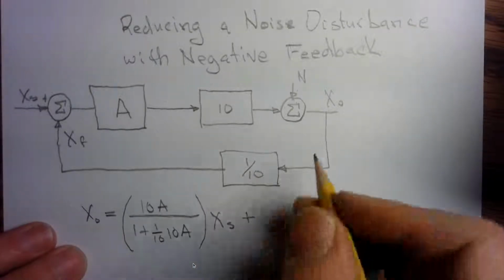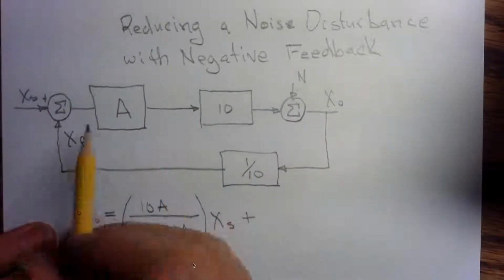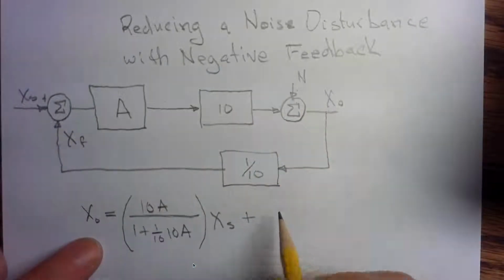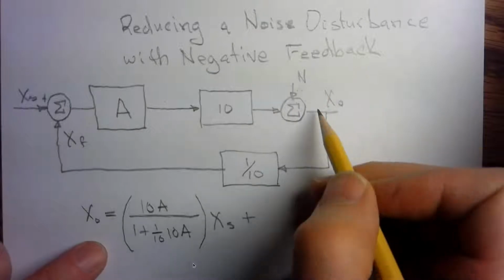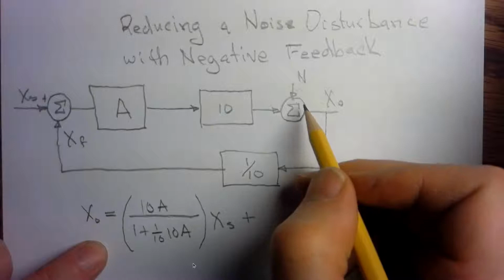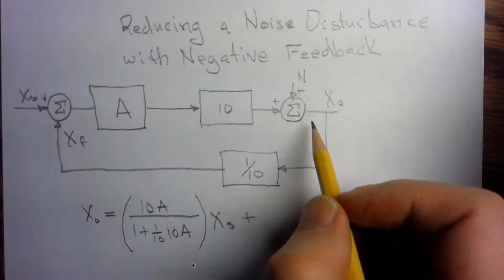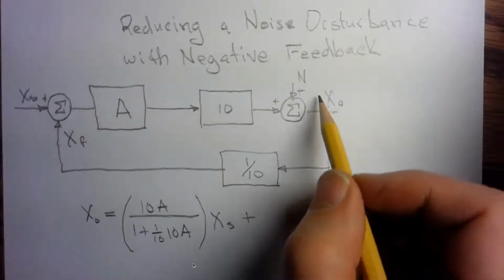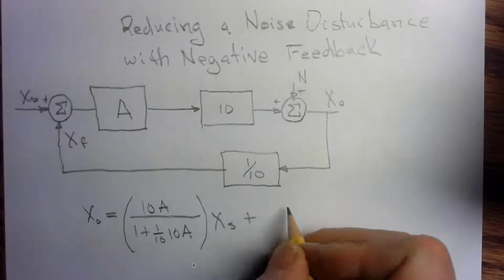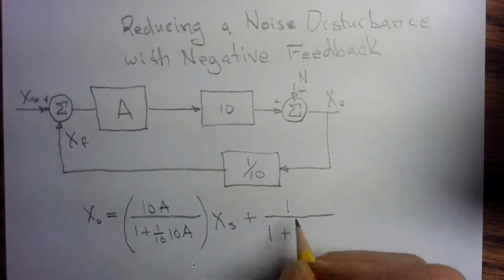Now I'm going to find the output due to the N. When I was doing this, I basically turned N off and used superposition to find the output due to just XS. Now to find the output due to N, this is actually also a feedback block diagram. If you look here, this being plus and that being plus, what we have is a feedback block diagram where our A is just 1. So I'm going to have 1 over 1 plus the beta.